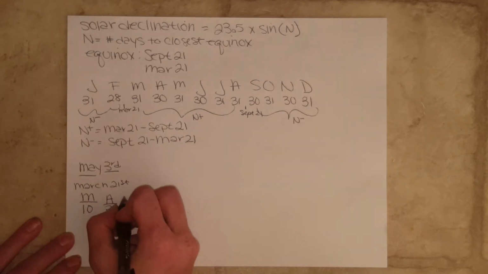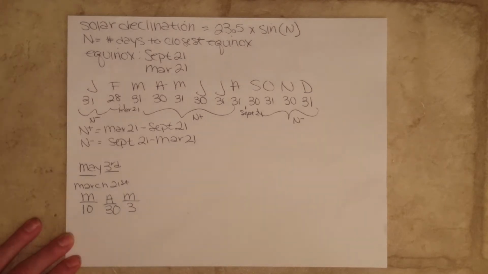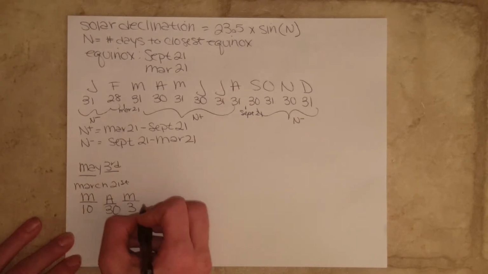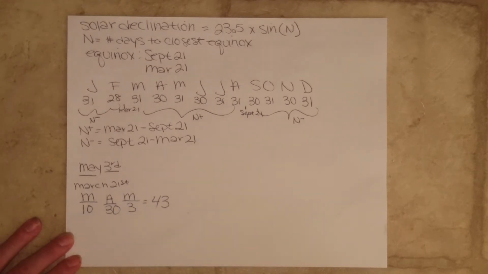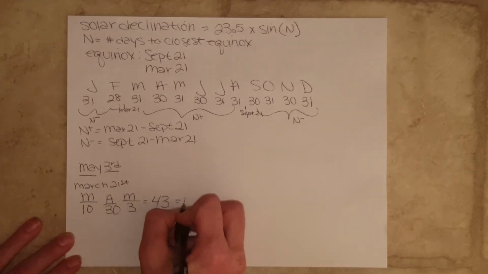And then lastly, to get to May 3rd, we would go 3 steps. So what we're looking at here is 10 steps to get us to the end of March from the 21st, 30 steps to get us through all of April, and then 3 steps to get us to May 3rd. So we're looking at 43 as our n value.